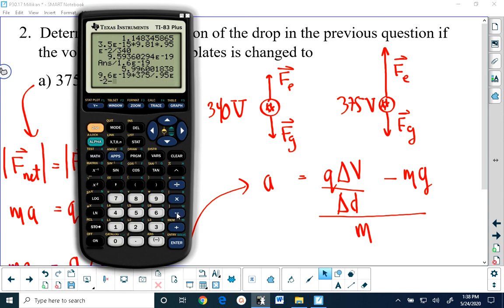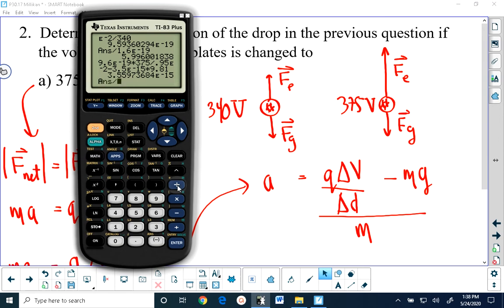Then we have to subtract the force of gravity, which is the mass of the drop, 3.5 multiplied by 10 to the negative 15 kilograms multiplied by 9.81. This number that you're looking at right now is the net force upwards.